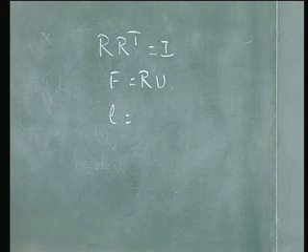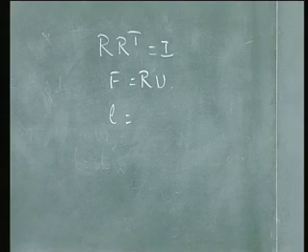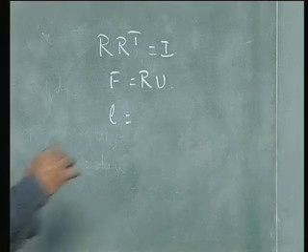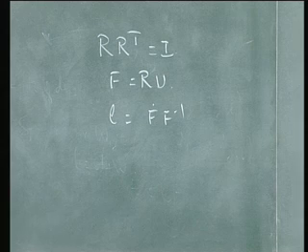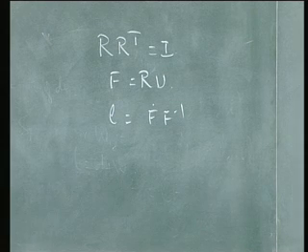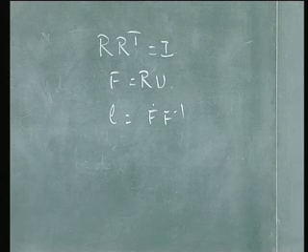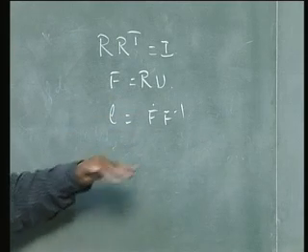L is equal to what? We just now derived it in terms of F dot F inverse. Now we have these three equations. Let us see how you can calculate that. These three expressions. This is a problem which I am giving you. Let us see how you do that.